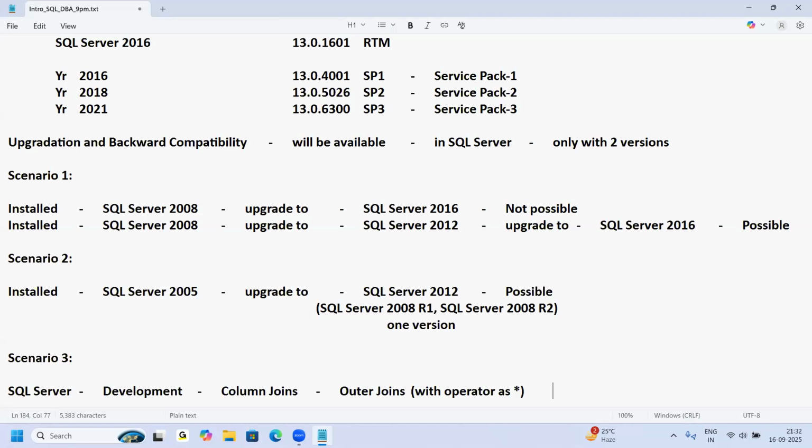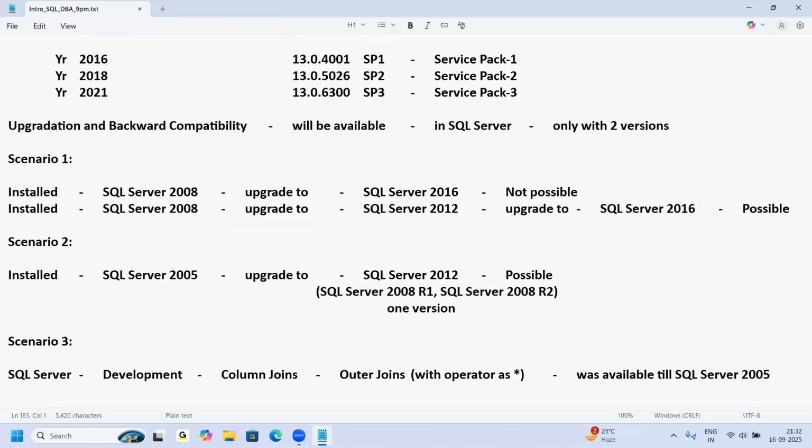And what is the story? What I'm trying to convey here is that this was available till SQL Server 2005. At least remember, till 2005 only this was there.